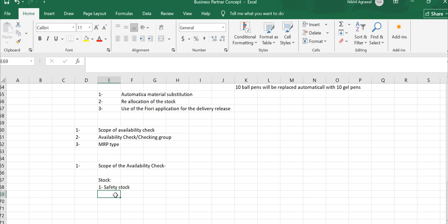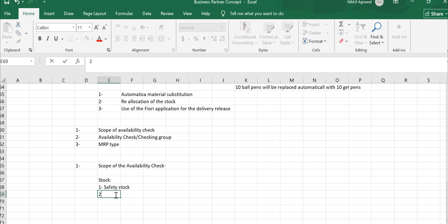The safety stock indicator triggers a notification when the stock reduces and reaches the level of safety stock, giving a message to the concerned department: boss, your stock has reached the safety stock indicator, you have to add stock now. That is called the safety stock.